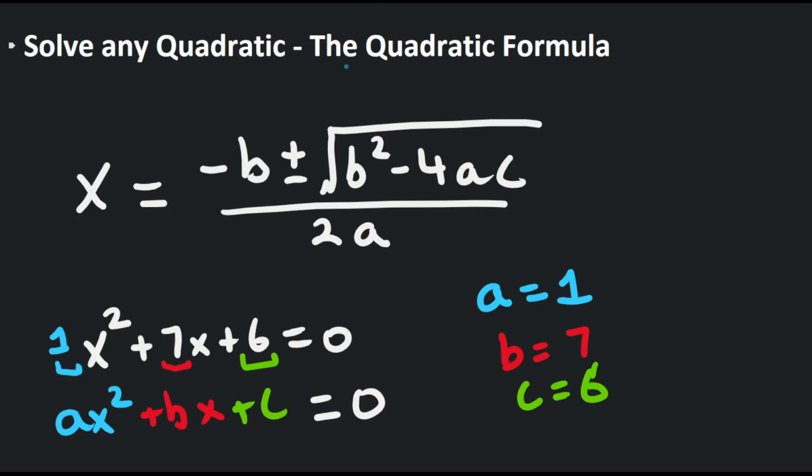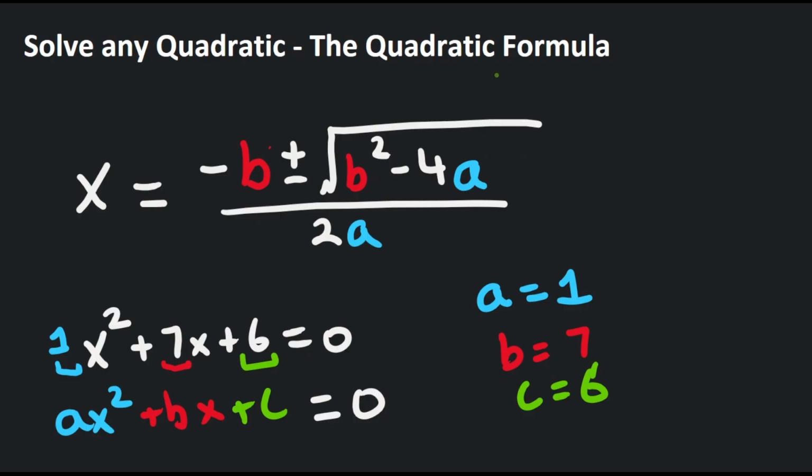So let me actually rewrite this quadratic formula just so we have all the right colors. So our b is right here. So b, and our a is in blue. So let me just replace that. So a, and our c is in green.